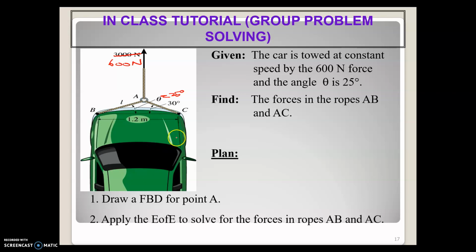Given this, what does it ask? Find the forces in the ropes AB and AC. So, what is the plan? You draw the FBD for point A, right? Sorry, mine is not tidy. Draw the XY axes, with A in the middle. Then, the upward force you have 600, right?